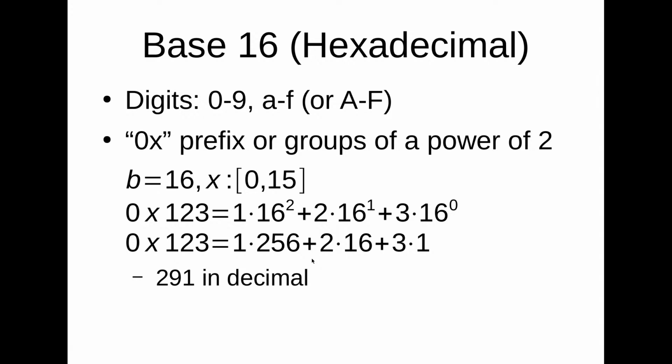Generally not more than that unless it's just a stream of hex. And for example, 0x123 would be 1 times 16 to the 2nd plus 2 times 16 to the 1st plus 3 times 16 to the 0, which is just 256 plus 32 plus 3, which is 291.